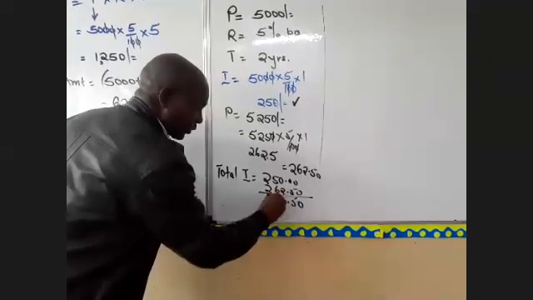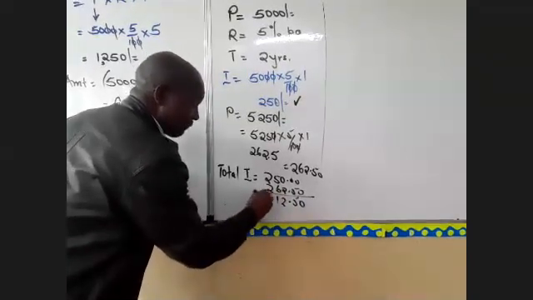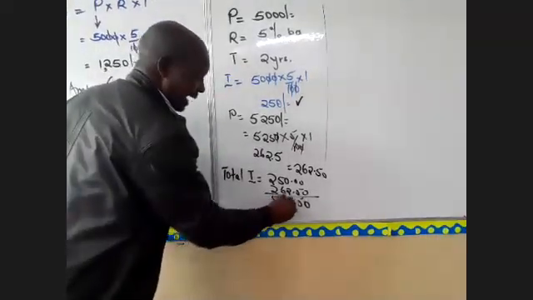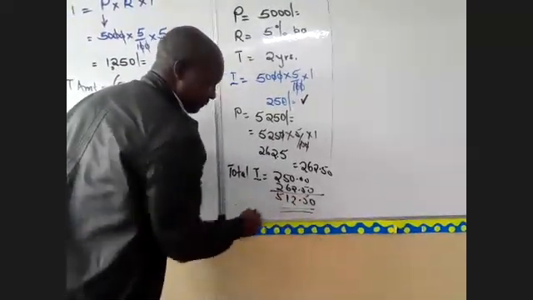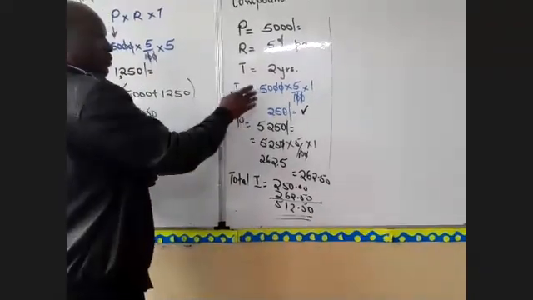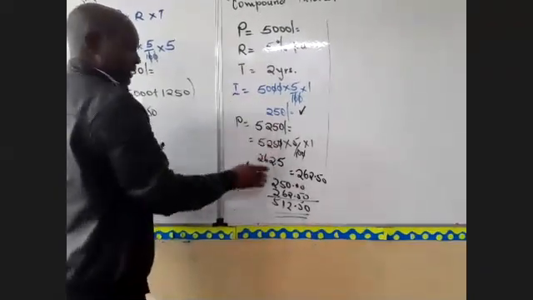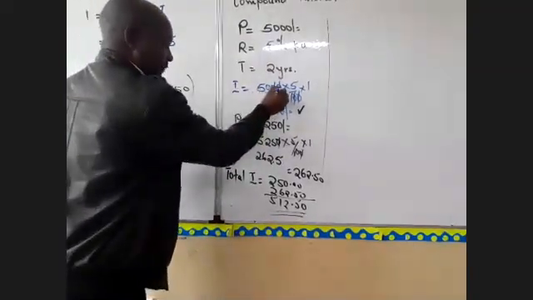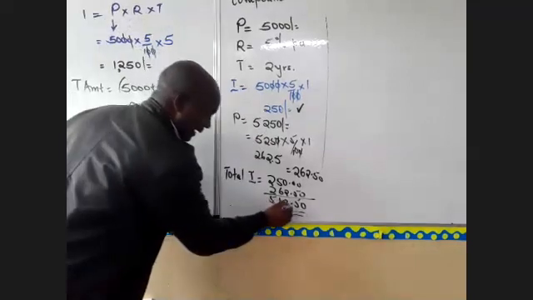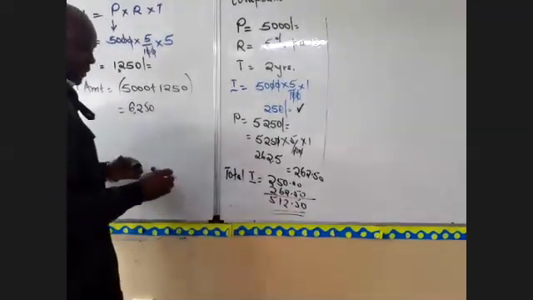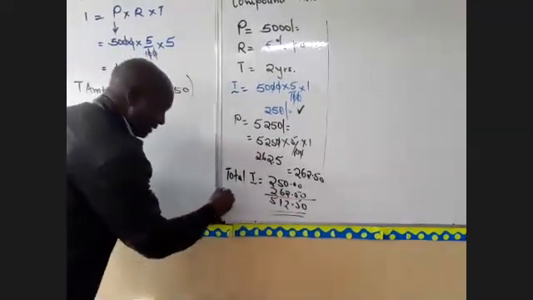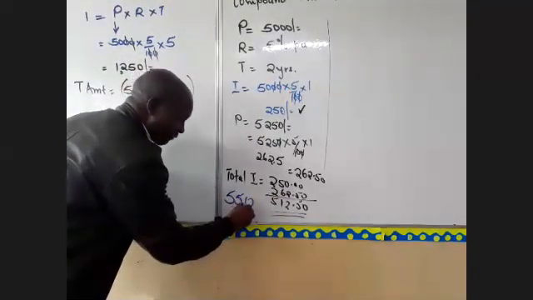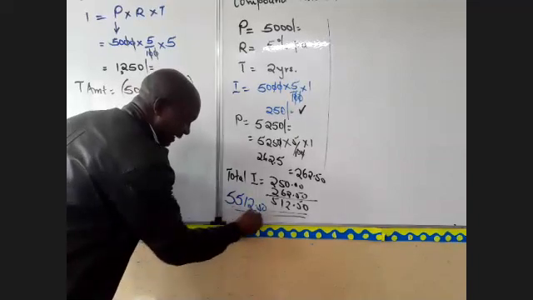So the total interest will be 512 shillings and 50 cents. So if he has to pay back the money after 2 years, he'll pay a total of this particular 5,000 plus the interest of 512 shillings and 50 cents to give us 5,512 shillings and 50 cents.